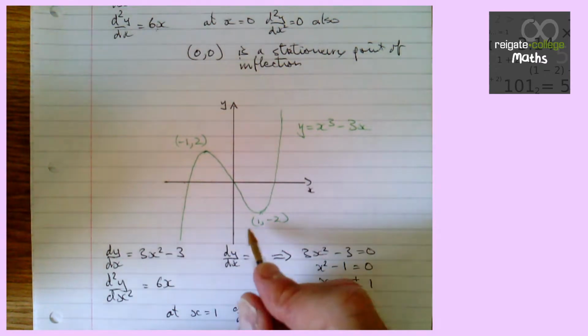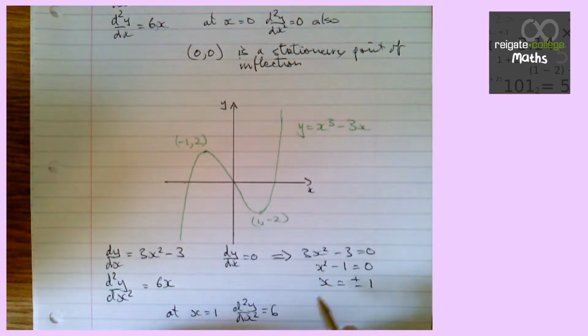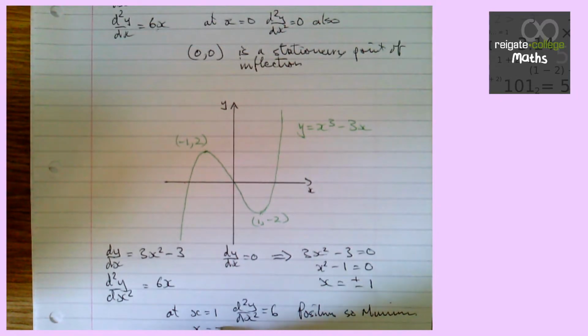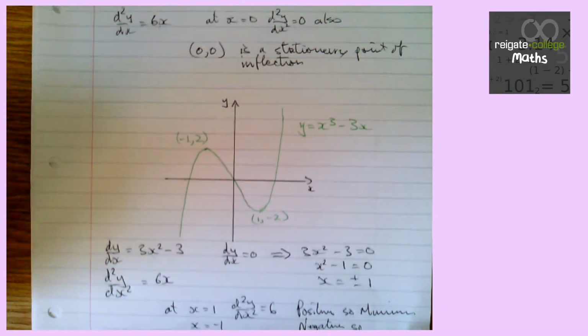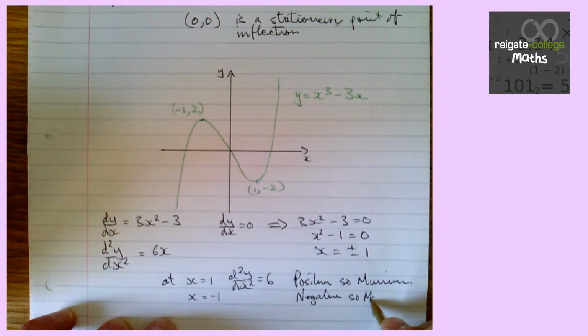Positive tells us that this is a minimum. We can see it from the graph. Positive, so minimum. X equals minus 1, it's negative, so it's a maximum.